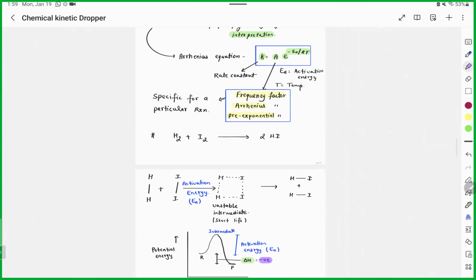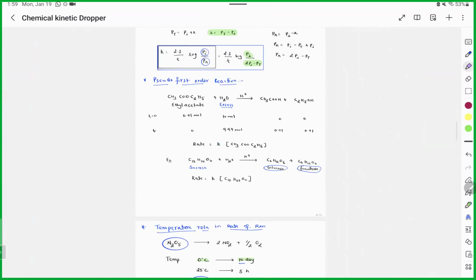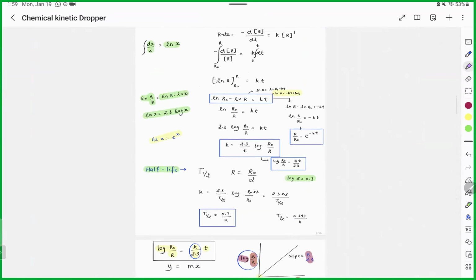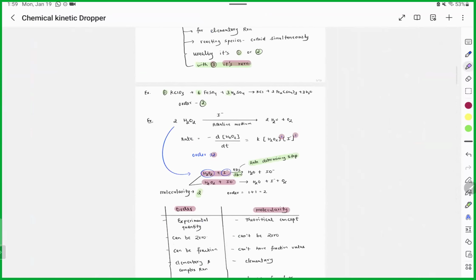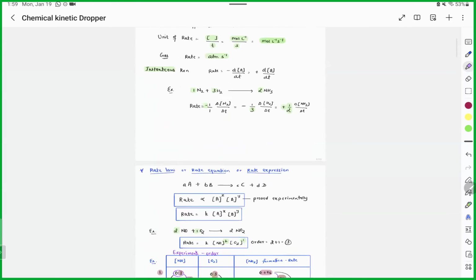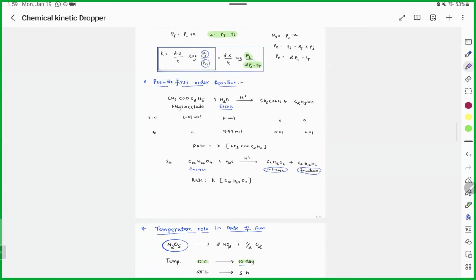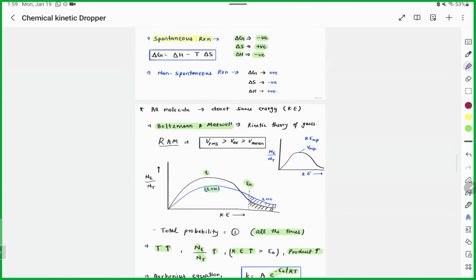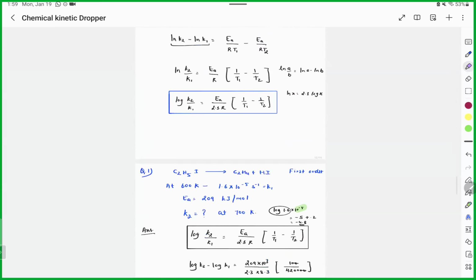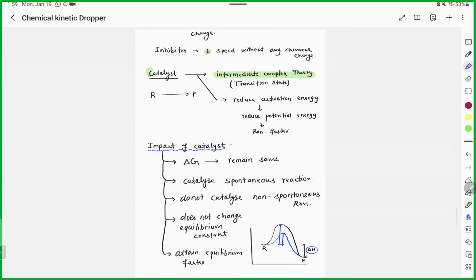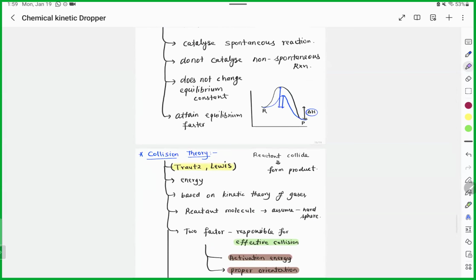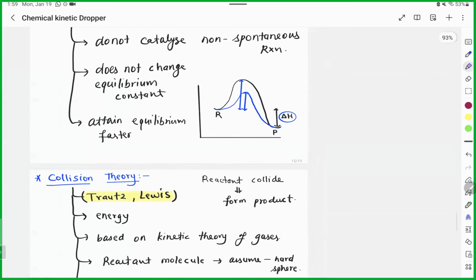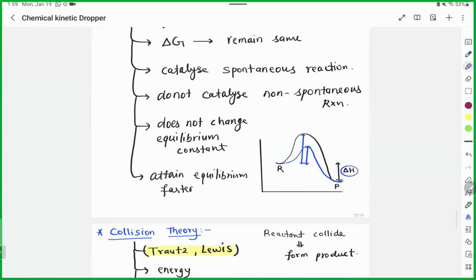If it is up, then it will be positive. Did I explain this also? I still remember somewhere in the graph I made this. I don't know where. In biomolecules, I think we did this. If not here, then biomolecules. Delta H here it is positive.